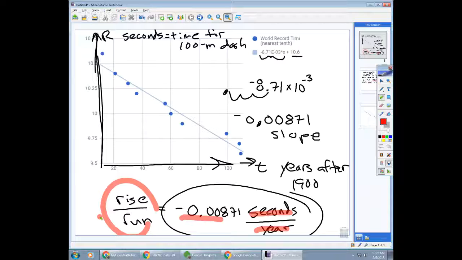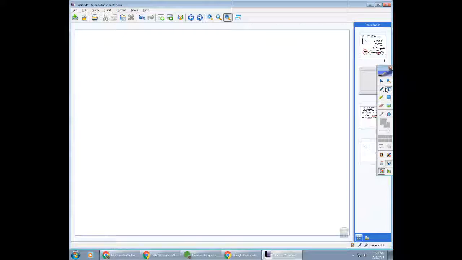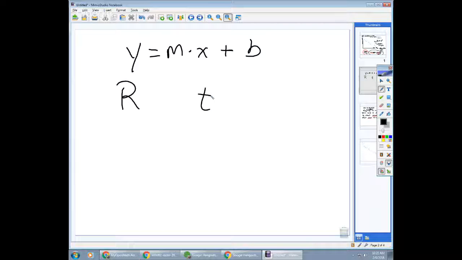What's that? The slope is already equal to negative 0.00871. Well, so remember, let's see, new page. So we've got this standard idea of a line, y equals m times x plus b. In this case, we're replacing y with an r for the world record time, and replacing x with the time t.